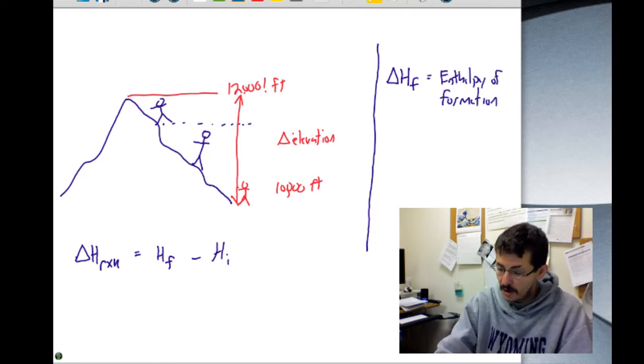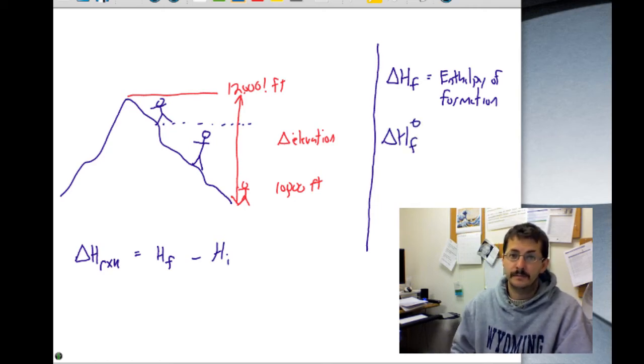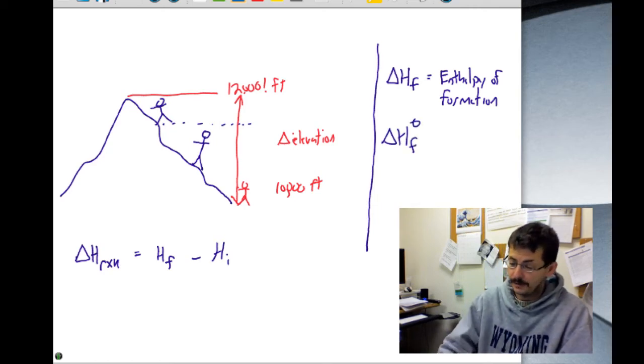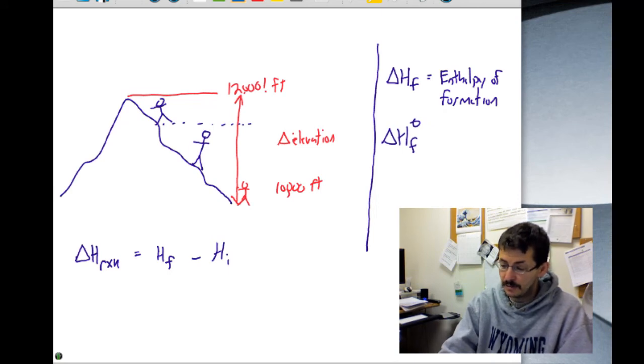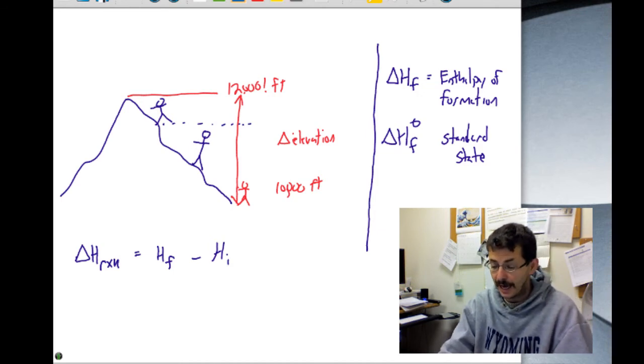Now, you may often see it written with a little degree sign. This is enthalpy of formation measured under standard state conditions. Now, standard state conditions in thermodynamics is usually a little bit different than standard state conditions with gases.